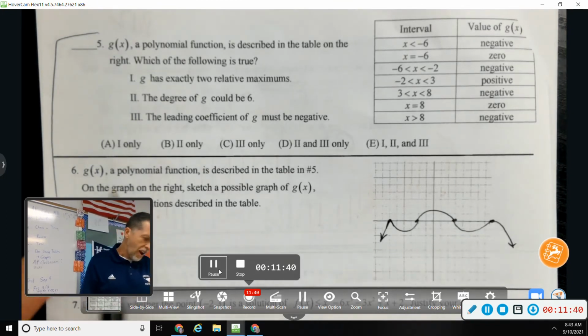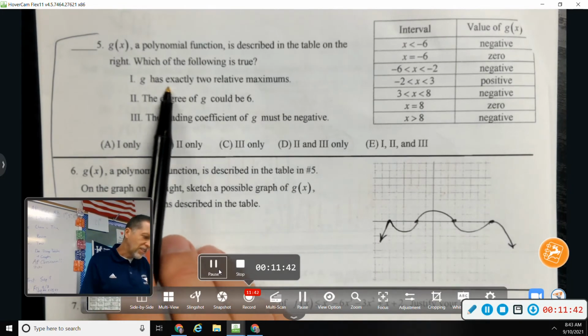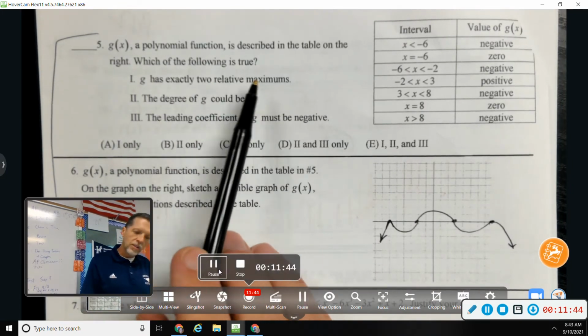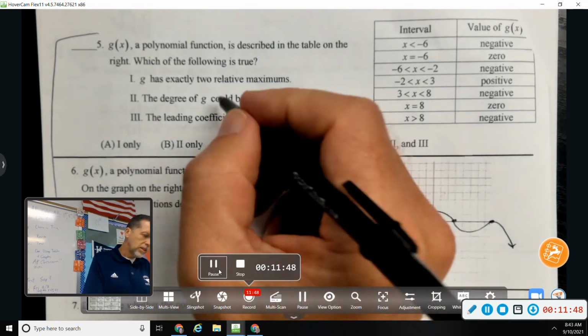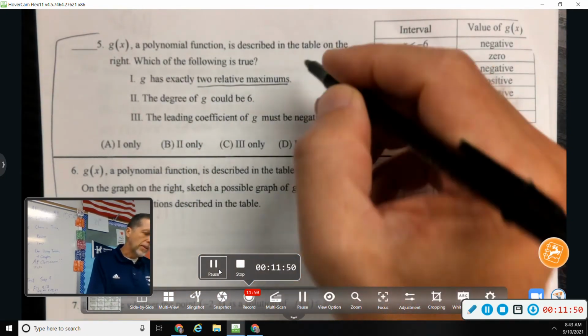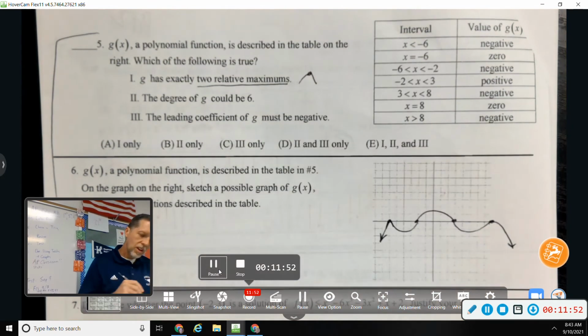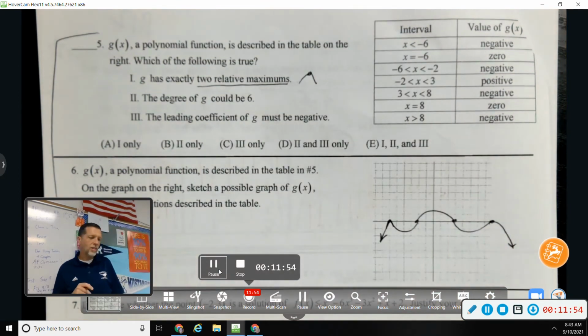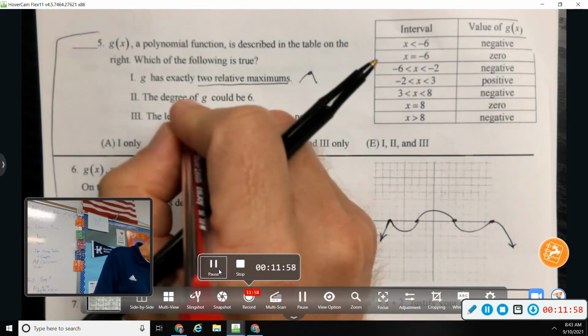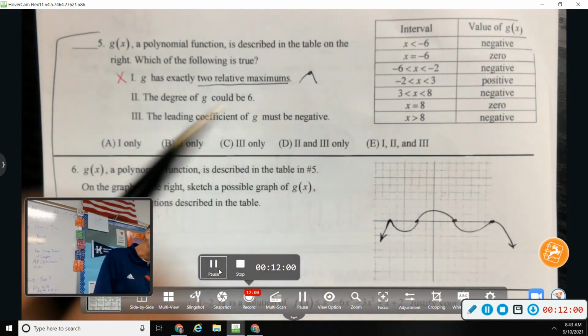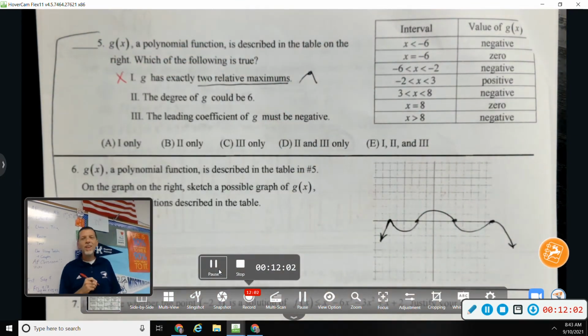All right, so now we can answer questions. G has exactly 2 relative maximums. Relative maximums would be top of mountain type situations. How many relative maximums do we have? Oh. So it could be 6. We don't have 2 relative maximums, but look at the picture. Relative just means the top of the hill.